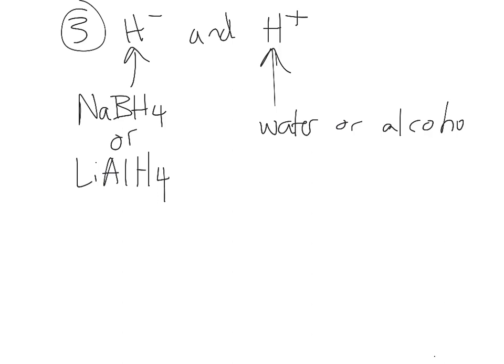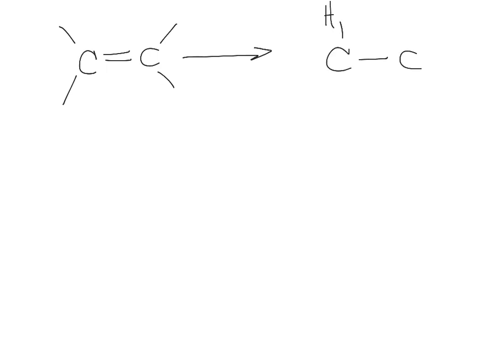So the first type of reaction we're going to talk about is the reduction of alkenes, the double bond. Basically, when you do a reduction of an alkene, all that happens is you make it into an alkane. You're going to break the C-C pi bond and the H-H sigma bond, and you're going to add two C-H sigma bonds.